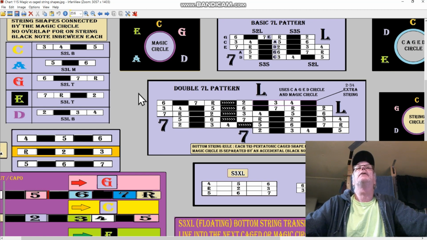They work together as it works out. CAGED is every other letter in the magic circle. So C-A-G-E-D, C-A-G-E-D. So you could put in the magic circle an A there, an E there, C there, and a G there. That would be CAGED.